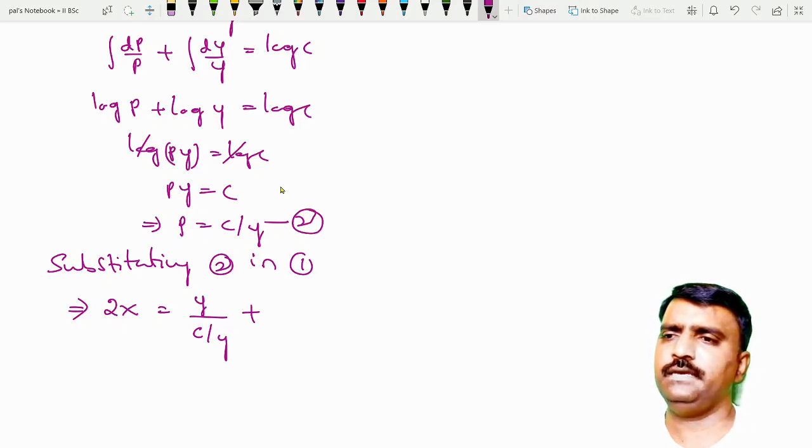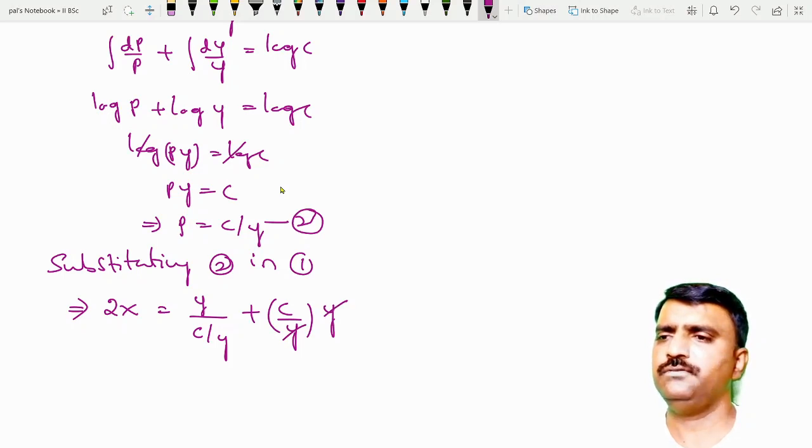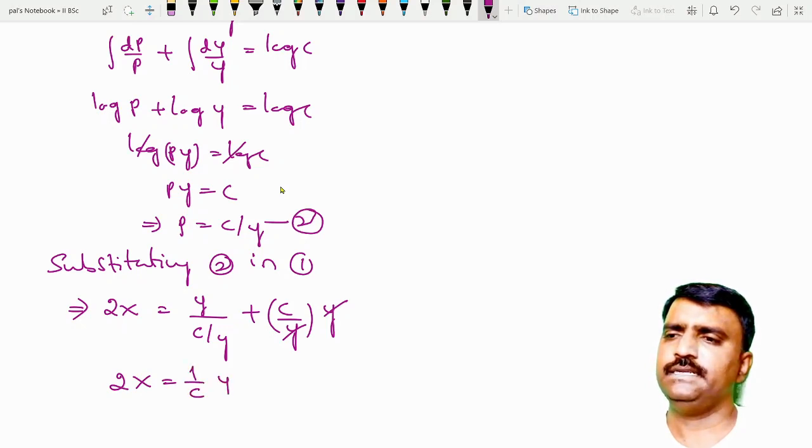So p is c by y, into y. So again this y and y cancel. So now this y comes to the numerator. 2x is equal to 1 by c into y square plus c.